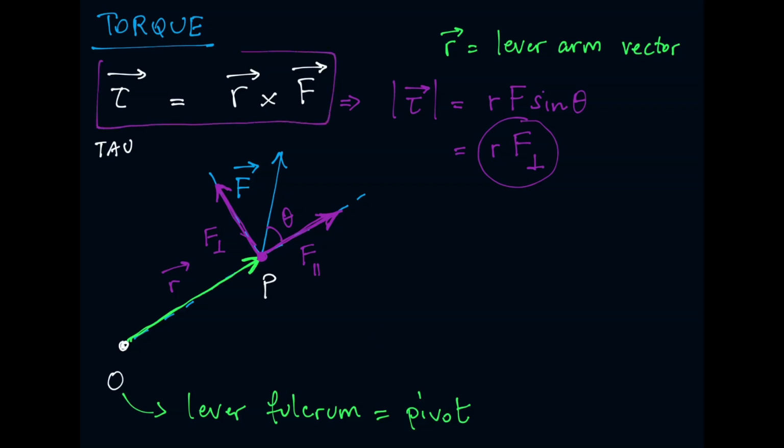The magnitude, as we said, is the product of the lever arm length and the magnitude of the perpendicular component of the force. The direction is, as usual, given by the right-hand rule. So in this specific example, the direction would be coming towards you, perpendicular to the page.